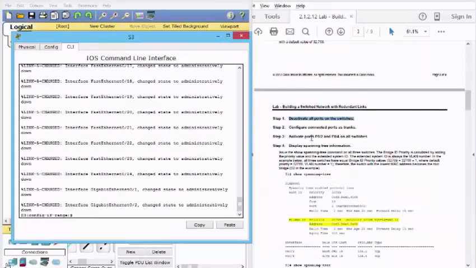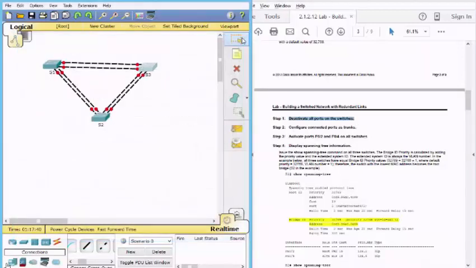Now activate the ports and configure the connected ports as trunk ports. Obviously we need to configure them as trunk ports, otherwise no VLAN tag transmission is going to occur, because in order for the ports to carry the VLAN tag, they have to be trunk ports.